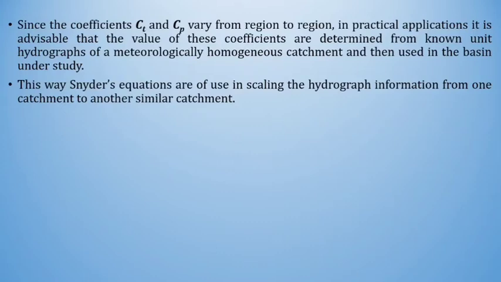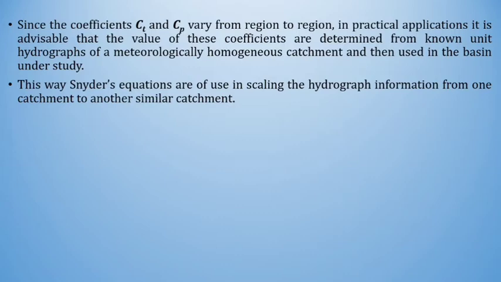Since the coefficients Ct and Cp vary from region to region, in practical applications, it is advisable that the values of these coefficients are determined from known unit hydrographs of a meteorologically homogeneous catchment and then used in the basin under study. This way, Snyder's equations are of use in scaling the hydrograph information from one catchment to another similar catchment.